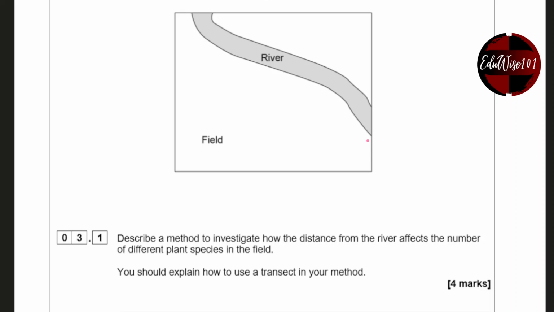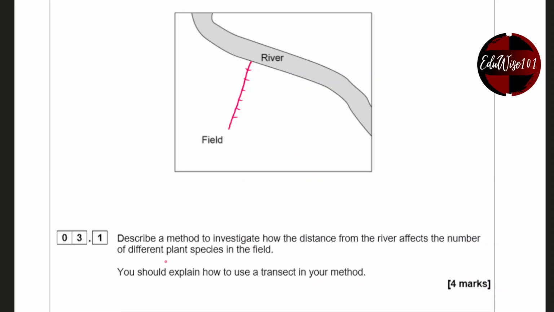Let's say I choose this point here. And from this point onwards, I use a string or a rope to mark a certain point and draw a straight line. And along this line, every 1 meter, I'm going to take measurements equally.